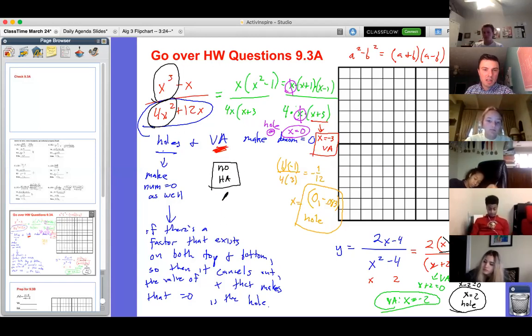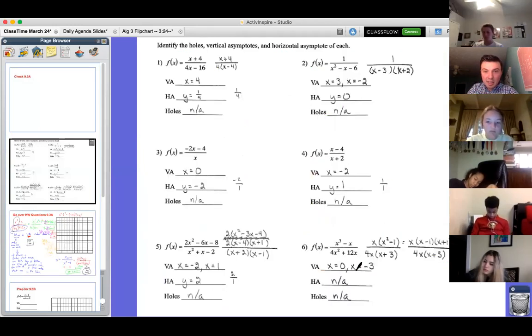There is no horizontal asymptote, which is why the key says that there is no horizontal asymptote. And this should say x equals 0 for our hole. If you wanted to be more precise, you would say 0, comma, -1/12.